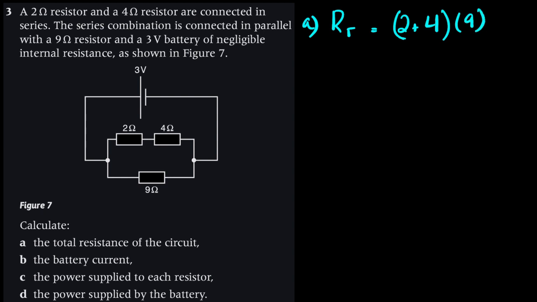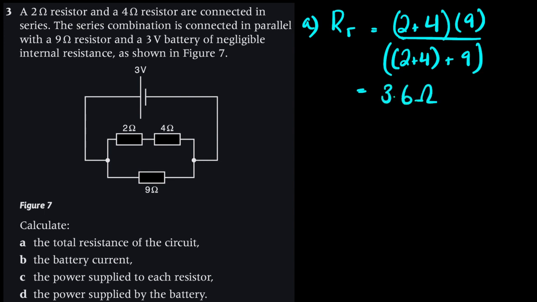So this is the product, over the sum of 2 plus 4 and 9. Remember, this can only ever be used for 2 resistors. So when we work this out, this turns out to be 3.6 ohms.